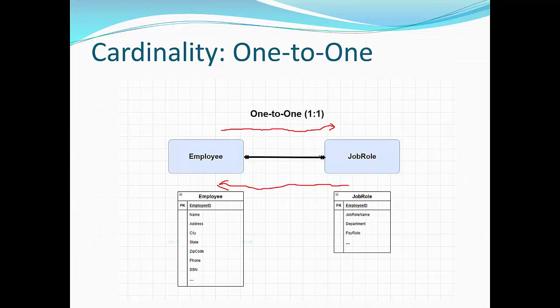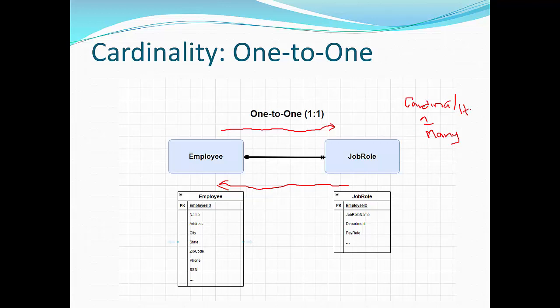Okay, so both ways. So again, remember our conversation yesterday. We said in the world of cardinality, there are only two terms that are important. It's either one, or when it's more than one, many. Those are the only two things that you need to be cognizant of in cardinality.